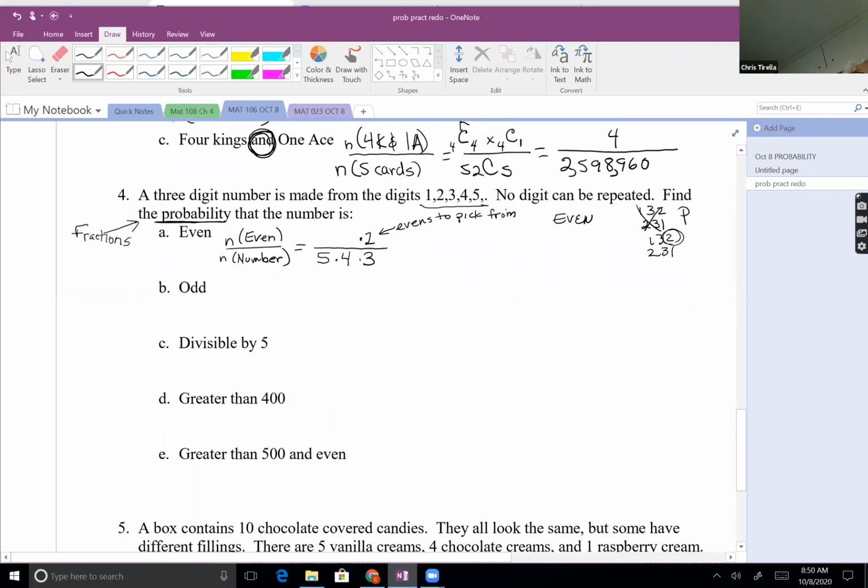And while there's 2 evens to pick from, I'm only going to use one of them. So for digits, I have 4 to choose, and then 3. And so that gives me 2 out of 5.